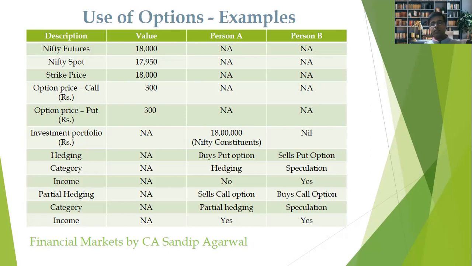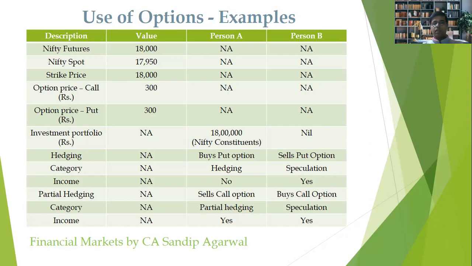So I am assuming person A has invested 18 lakh rupees in equal proportion in all those 50 companies in the Nifty 50 index. Person B doesn't have any investment portfolio, either in the Nifty constituents or any other segments of the market. Now, how can person A hedge his portfolio?